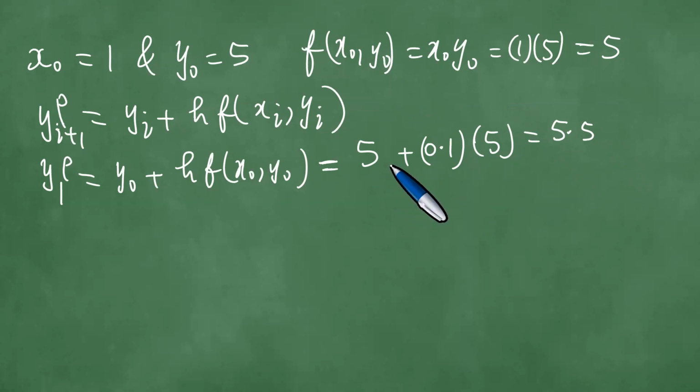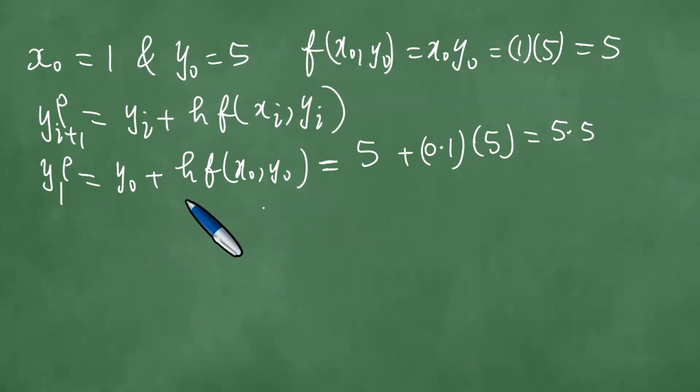Okay, I want you to pay particular attention to this because it's very, very important. It is evaluating the function at x0, y0. Now, okay, we're done with the predictor.